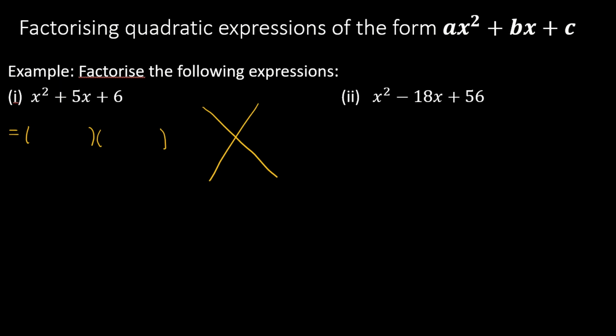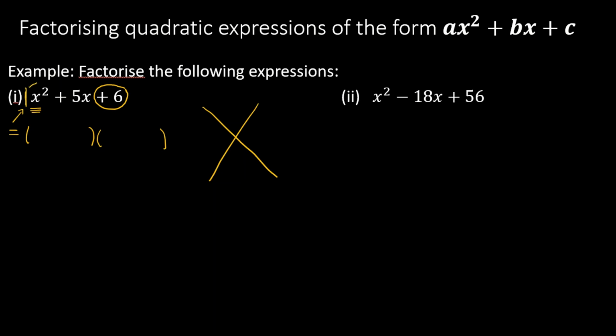So let us begin. We consider the leading term, which is x squared. What is the coefficient of x squared? It is 1. And we consider the last term, which is positive 6. We consider the first term, which is 1, and the last term, which is positive 6.